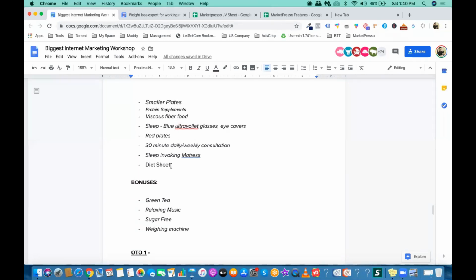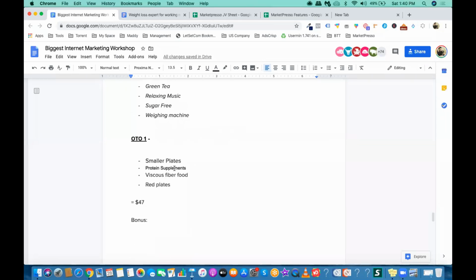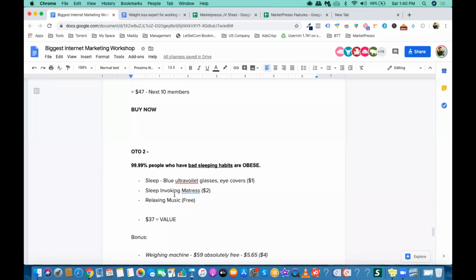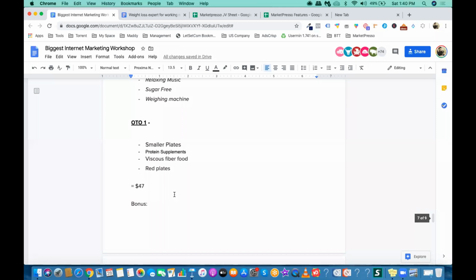After writing them down, I divided my funnel into multiple OTOs: OTO 1, OTO 2, OTO 3, OTO 4. Do you understand the logic why we need to have OTOs?